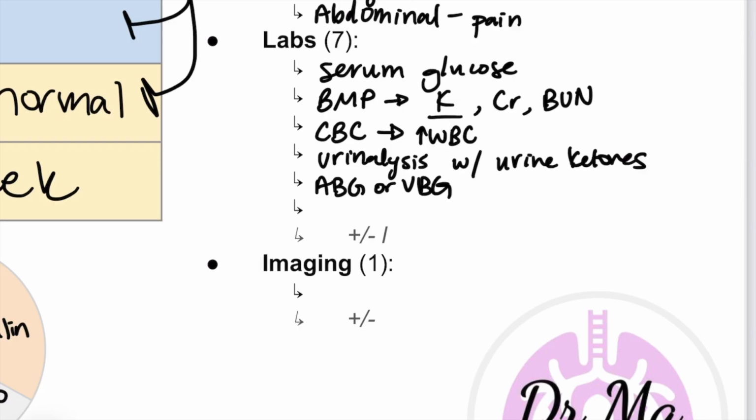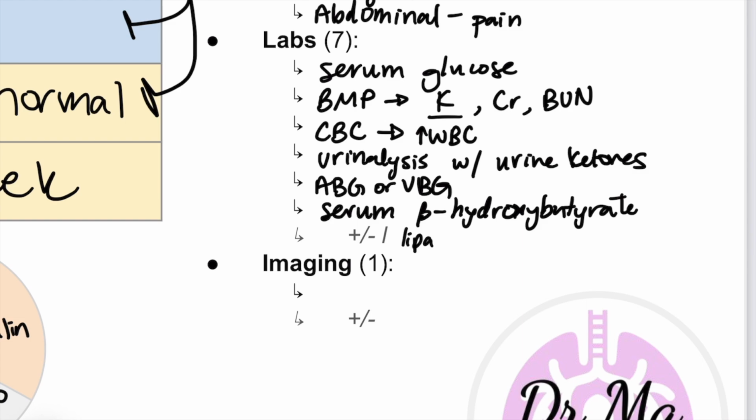Again, if the patient's blood is acidic with a pH less than 7.3, this puts us at a higher suspicion for DKA. And we would want to get a serum beta hydroxybutyrate. The serum beta hydroxybutyrate will tell us about the amount of ketones in the blood and make us more suspicious for DKA. Lastly, you could consider getting lipase and amylase to assess for pancreatitis.